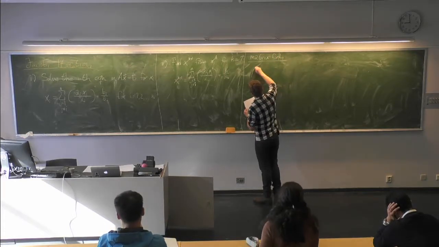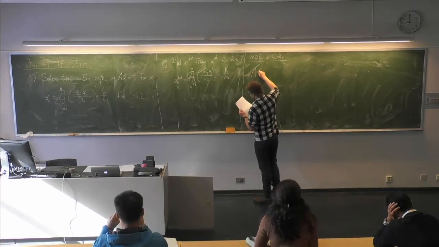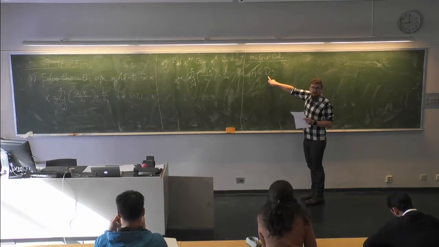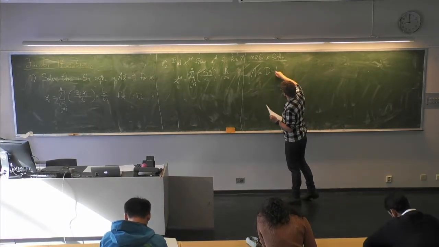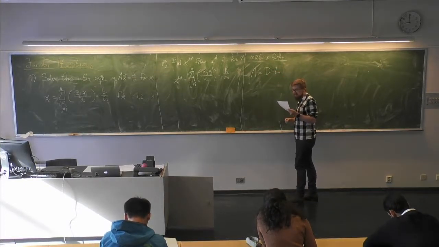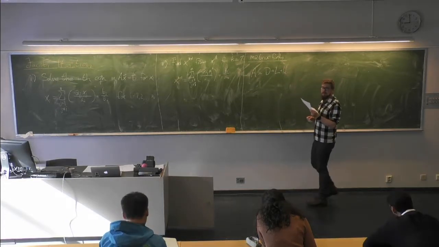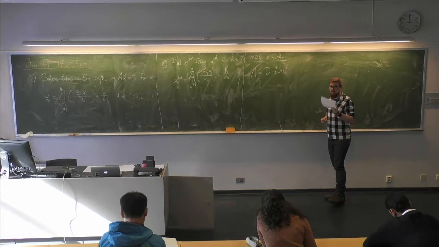you have to split up the matrix. So D, this is the diagonal elements, L is the lower triangular, and U is the upper triangular. And I know some of you did this in exercise 0.